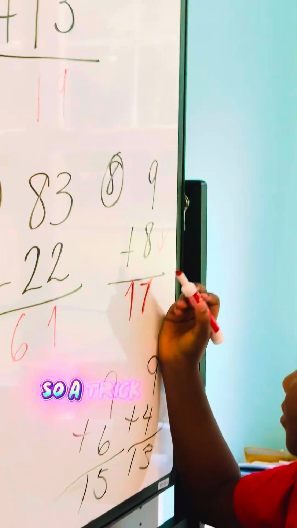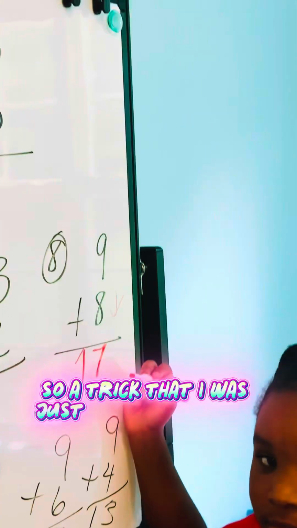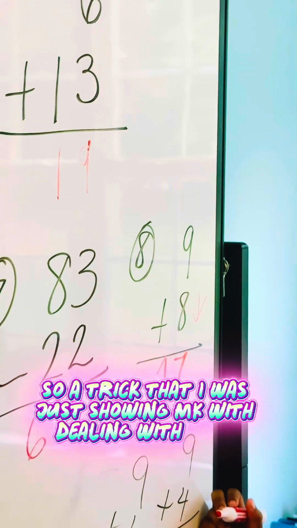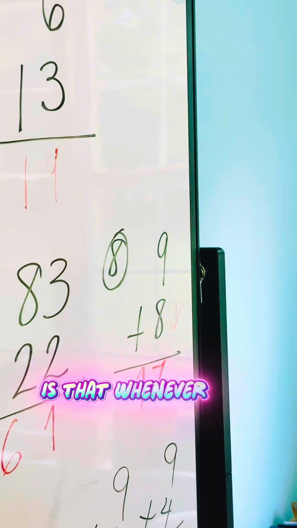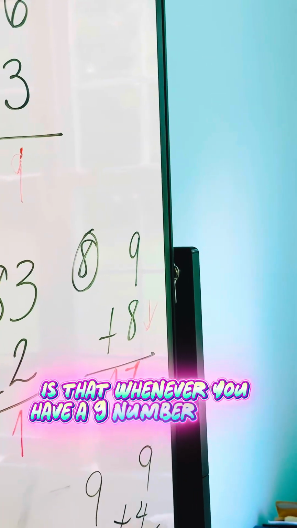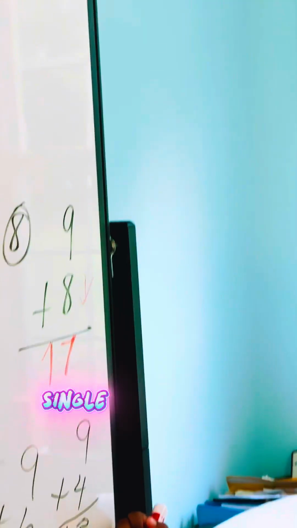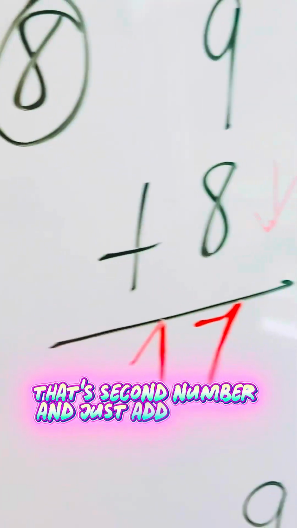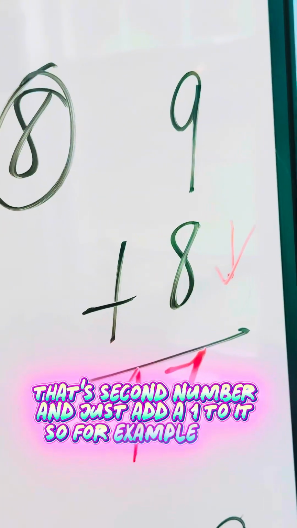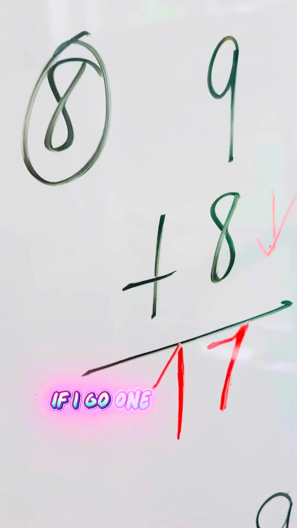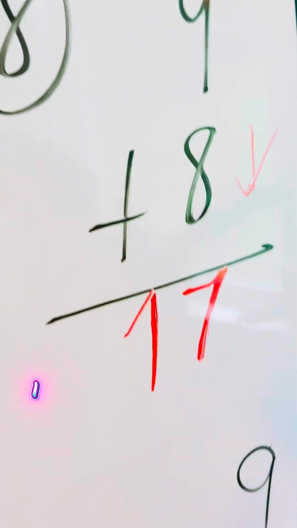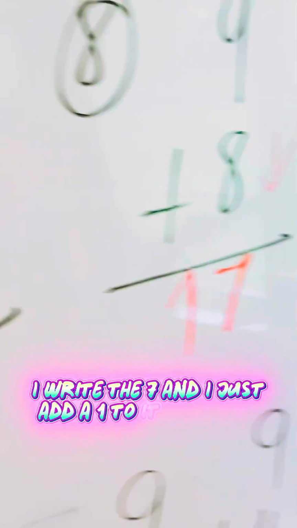So a trick that I was just showing MK with dealing with 9s is that whenever you have a 9 added to whatever single digit number, you can go down one number from that second number and just add a 1 to it. So for example, 9 plus 8, if I go one number below 8, I write the 7 and I just add a 1 to it.